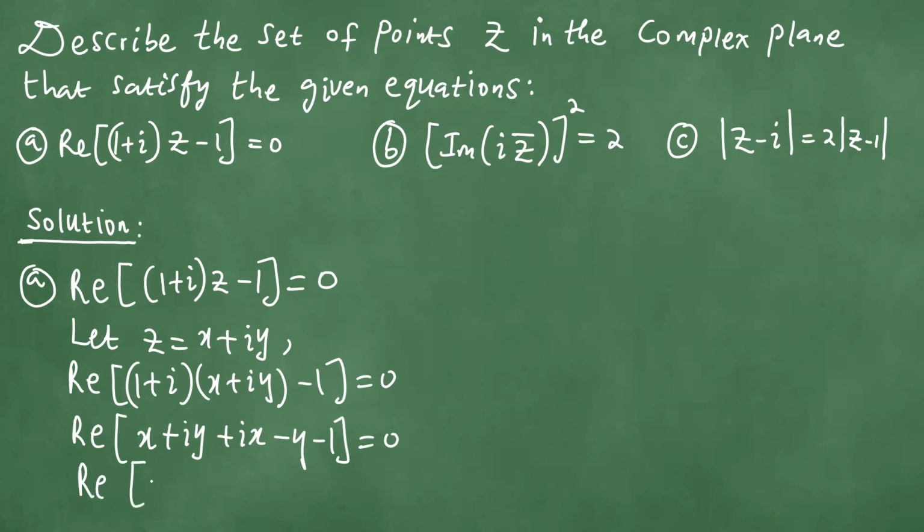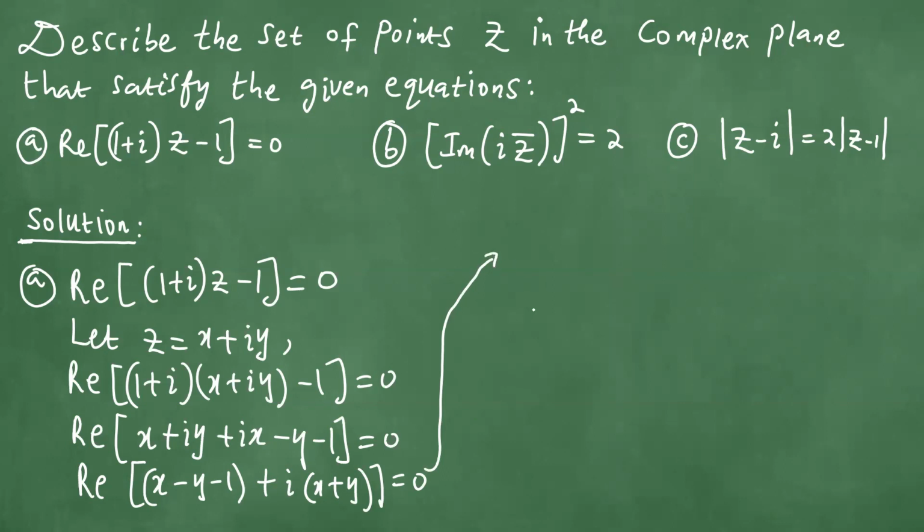And so you have x − y − 1, and we put in parentheses, plus i times (x + y), and the real part equals 0. We proceed to the other side of the screen.